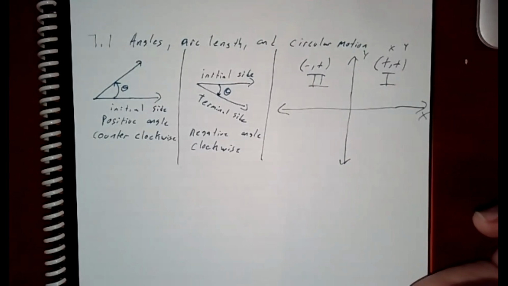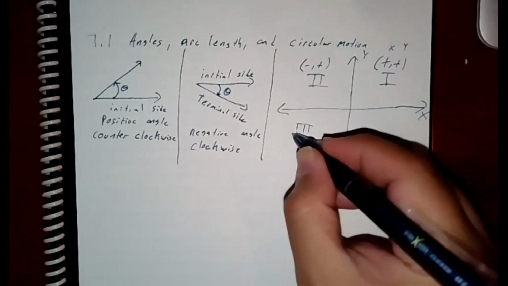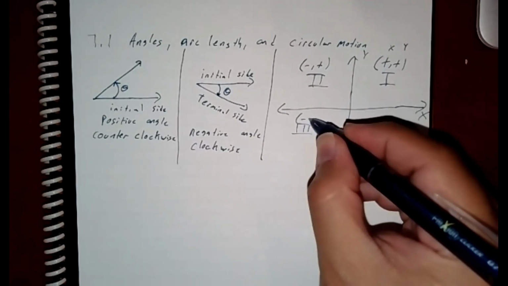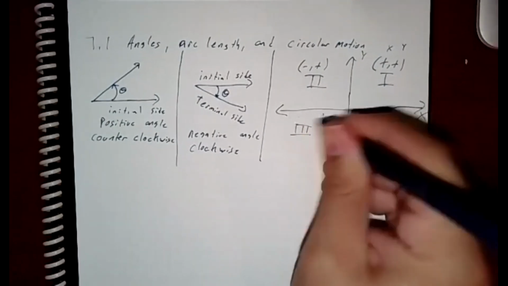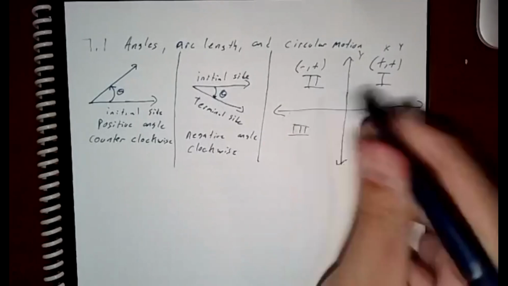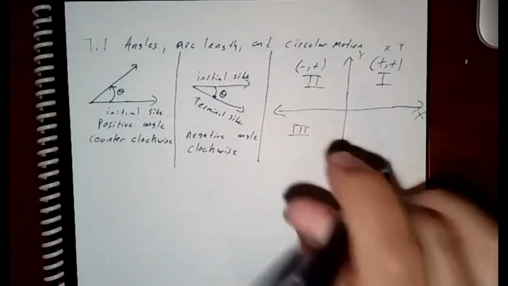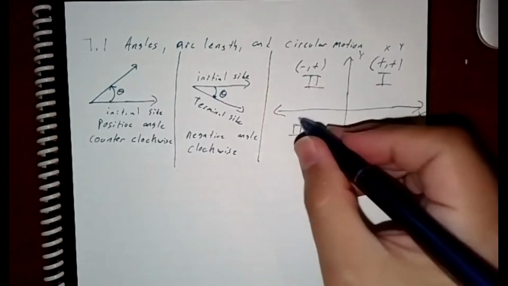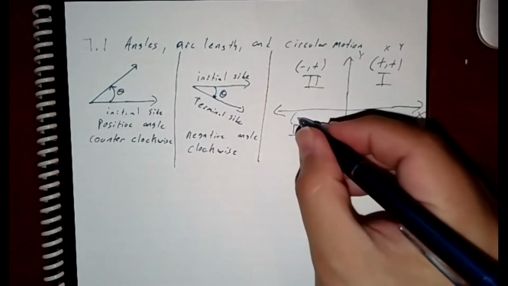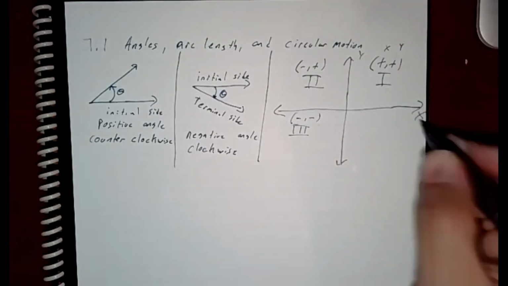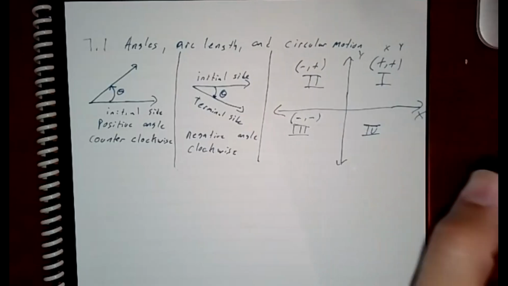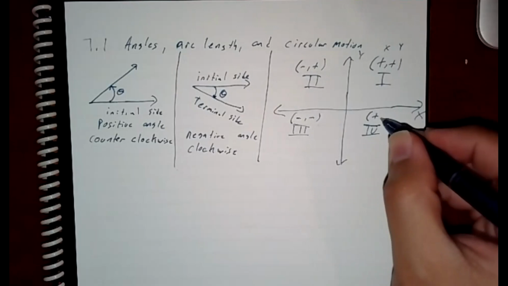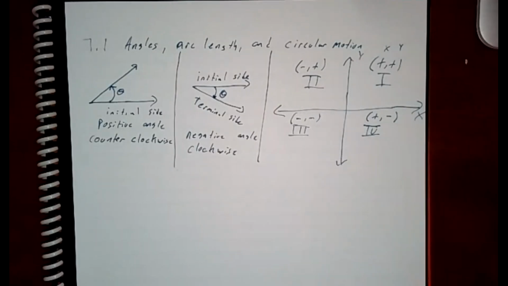So X is negative here. Quadrant 3: everything is negative here. Fourth quadrant, the X is positive and the Y is negative. Okay, those are some quick notes before we start any examples.